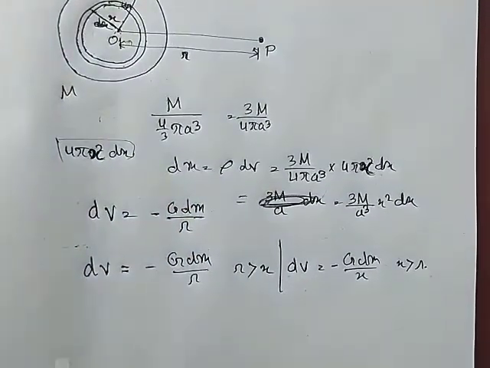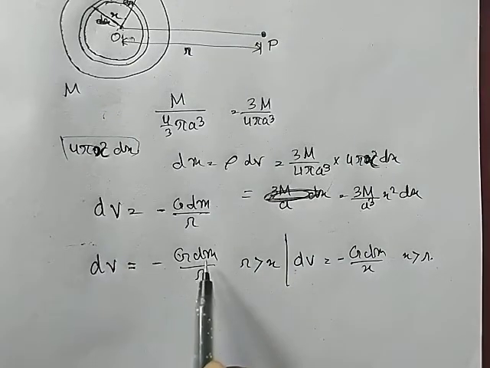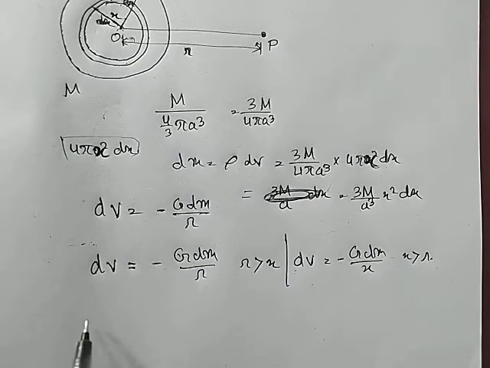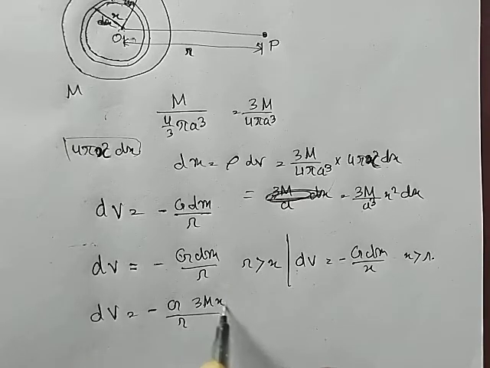So I'll put the value of dm here, and it becomes dV equal to minus G by r times 3m x square by a cube dx.